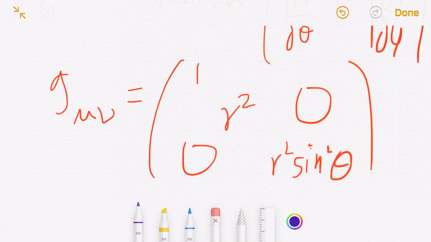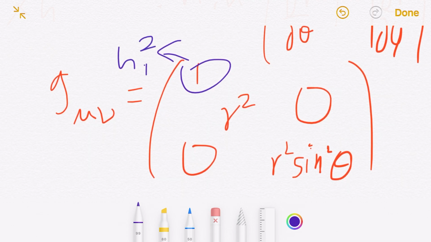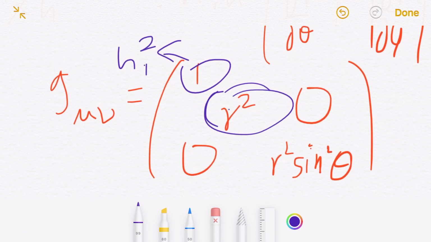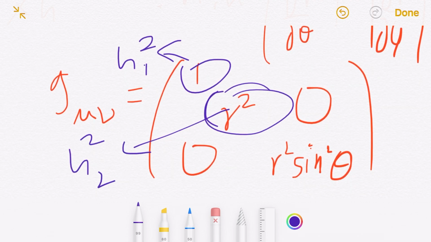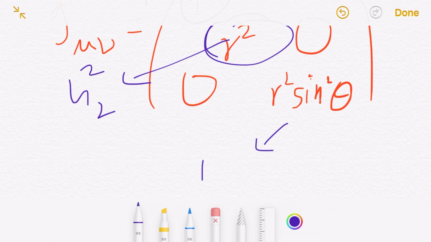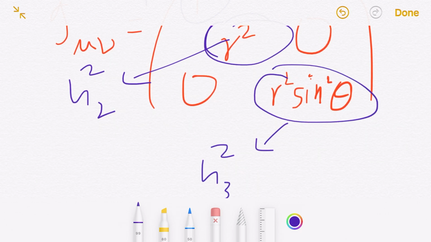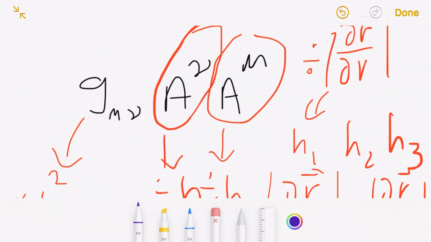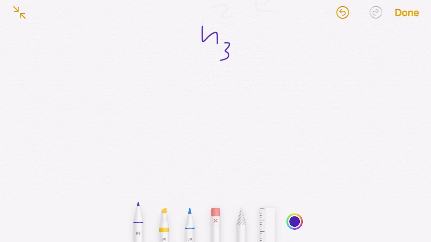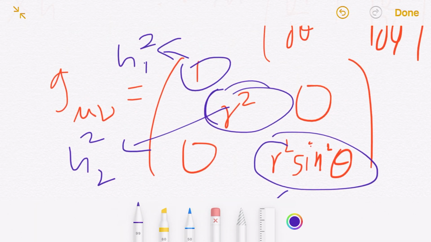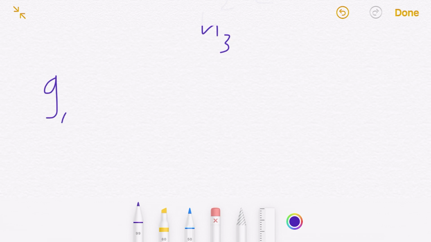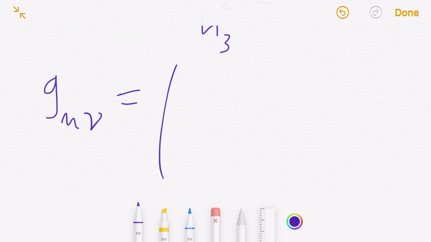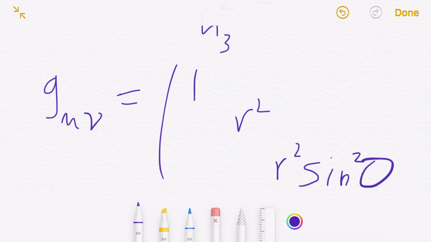Here h1, h2, h3 are the magnitudes of the basis vectors of the contravariant vector. So now we have the metric tensor of the spherical coordinates. I'll just write it again: g mu nu equals 1, r squared, r squared sine squared theta, and zeros elsewhere.